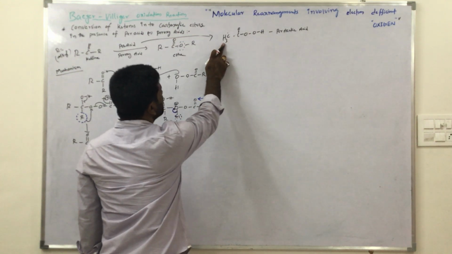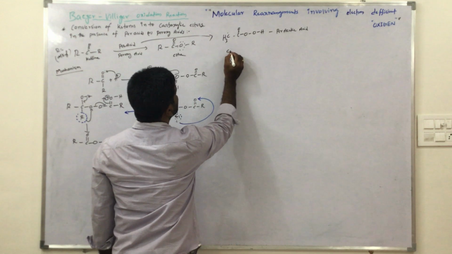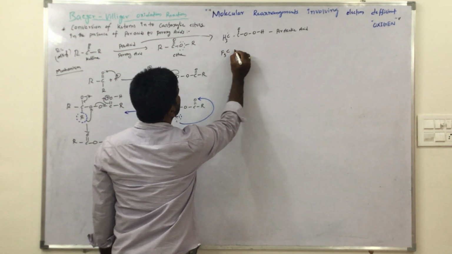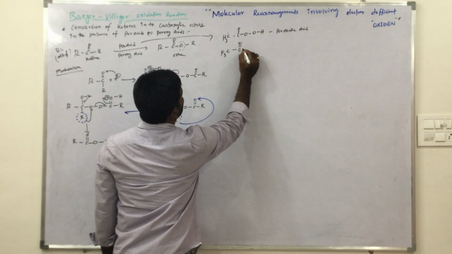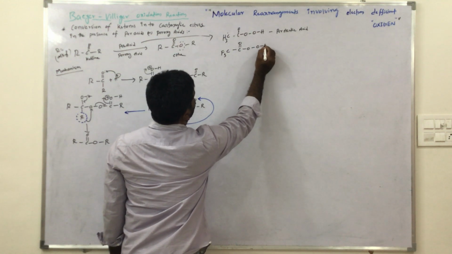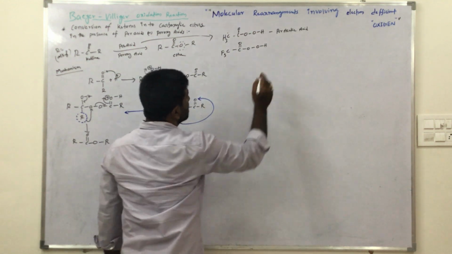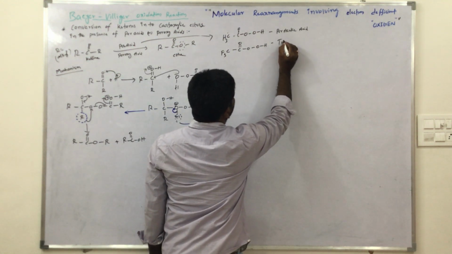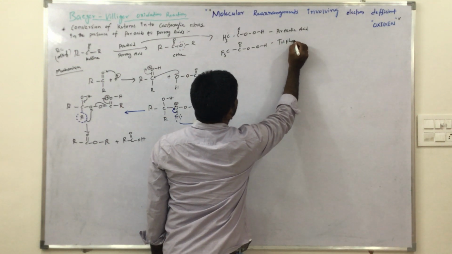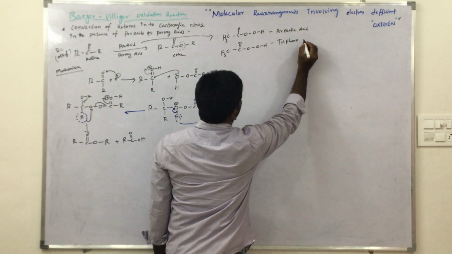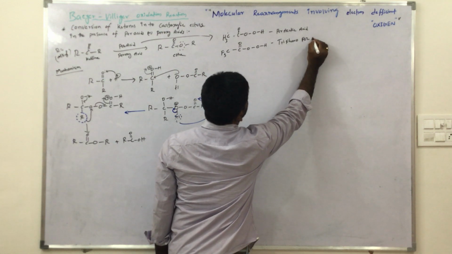Next, in CH3, the 3 hydrogens are replaced by 3 fluorines, C double bond O, O, H. This is called trifluoroperacetic acid.